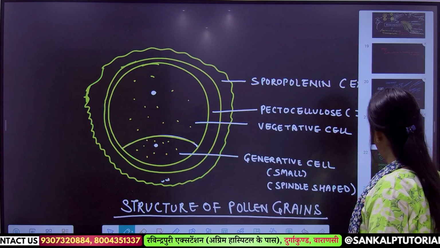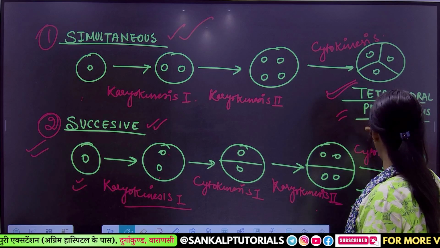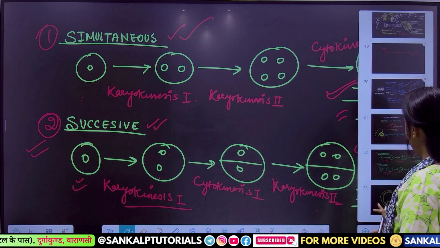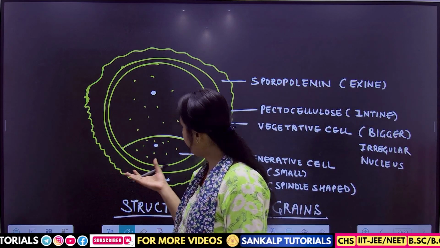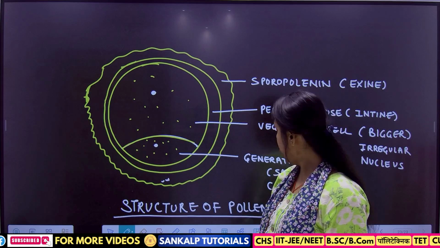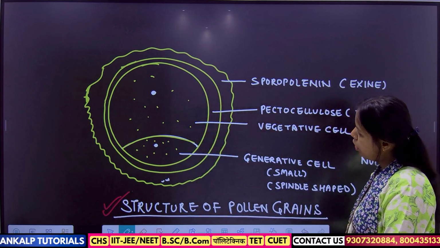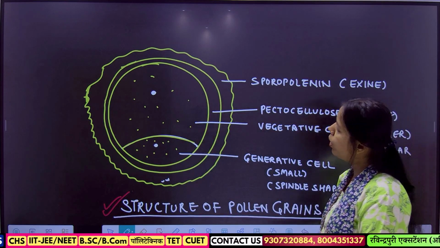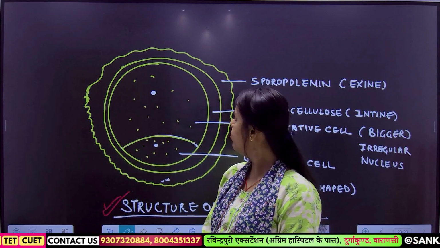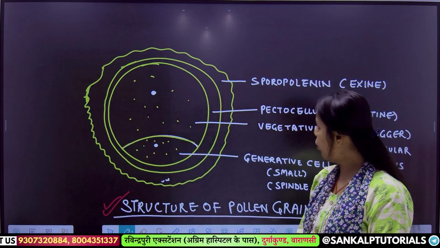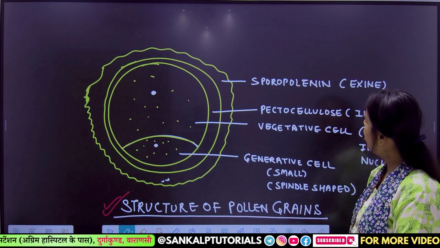After formation of these four microspores, that is pollen grains, we have discussed the structure of pollen grains. Pollen grains have two layers surrounding them.